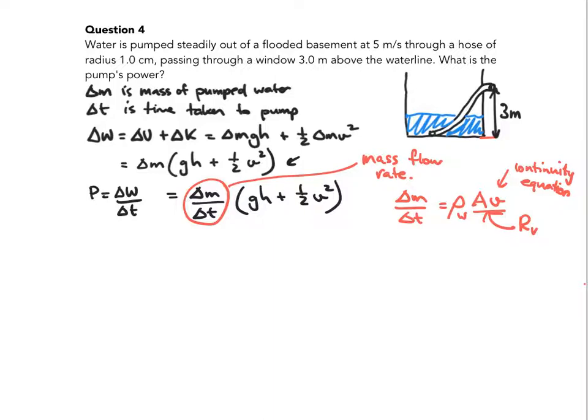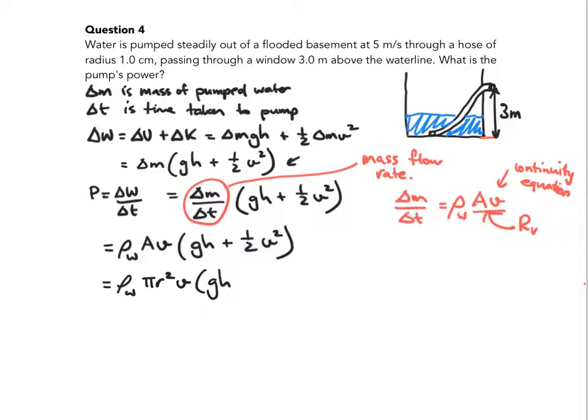So we can rewrite this then and say the power is equal to rho water A v times g h plus half v squared. And this equals rho water times the cross-sectional area of that pipe, which is pi r squared, times velocity, times g h plus half v squared. We have everything we need to put into that now.